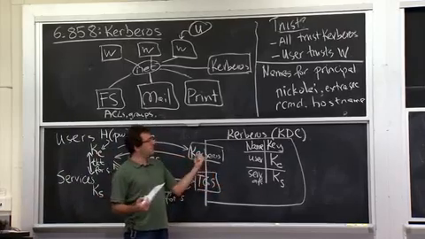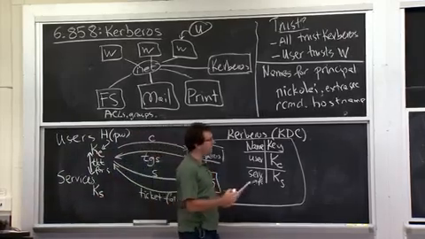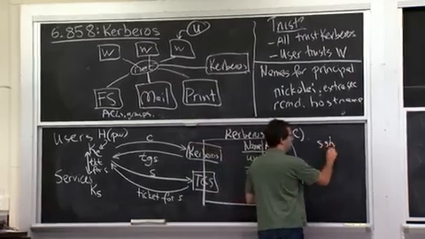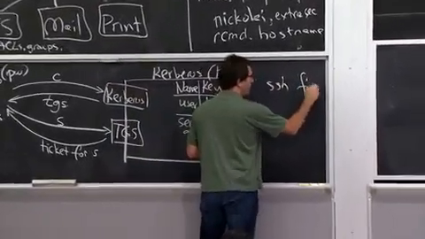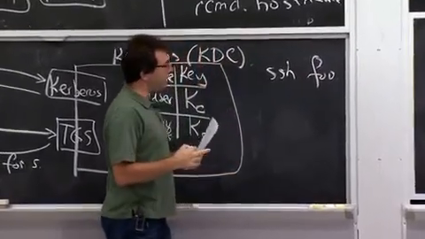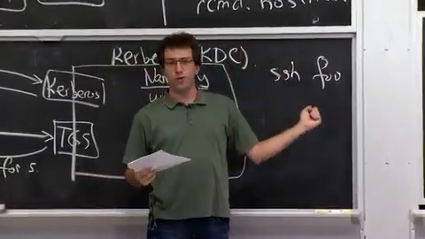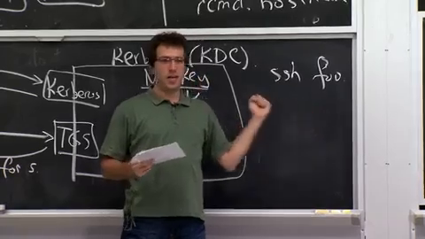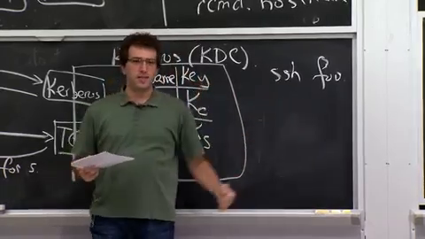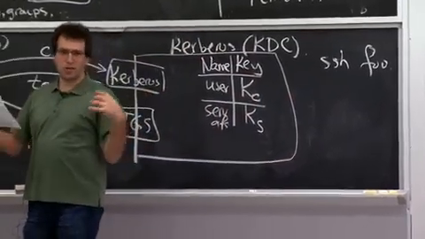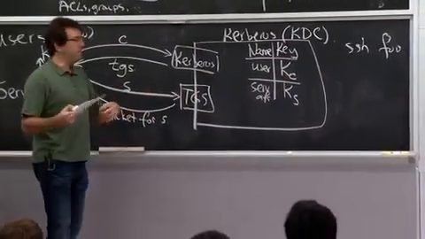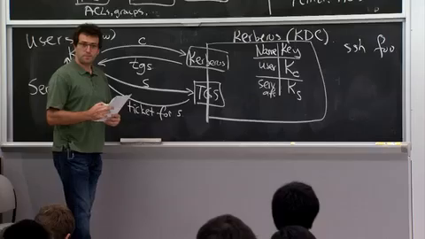And typically this comes from the user at some level. So for example, if I type ssh some machine foo, then this means that I should be expecting a Kerberos principal called rcmd.foo on the other end of this connection. And if it turns out to be someone else, this SSH client should abort and not let me connect, because then I'll be misled into talking to some other machine.